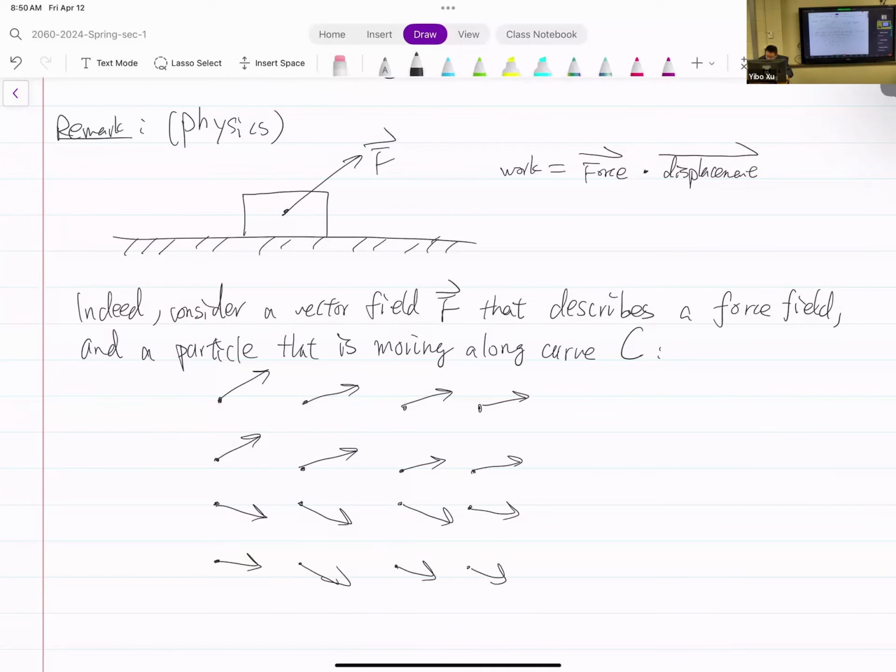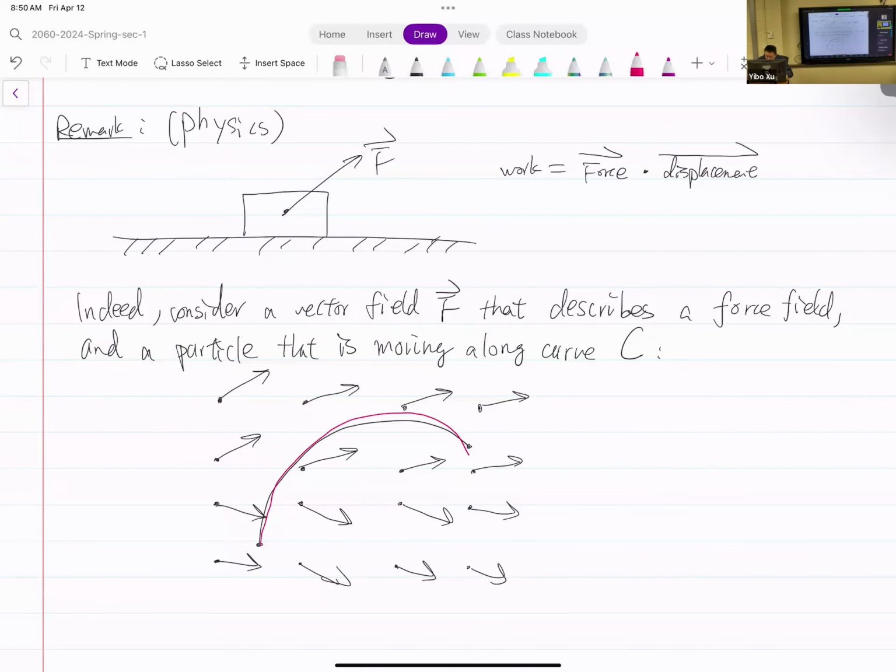And then you have a curve. The way that you accumulate this movement is that you can subdivide it into pieces.